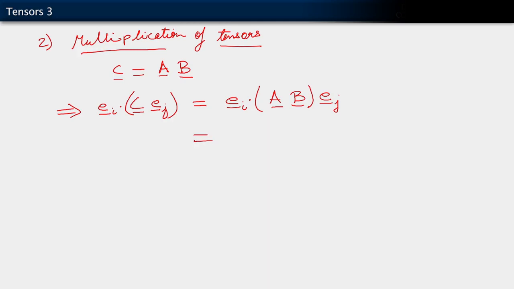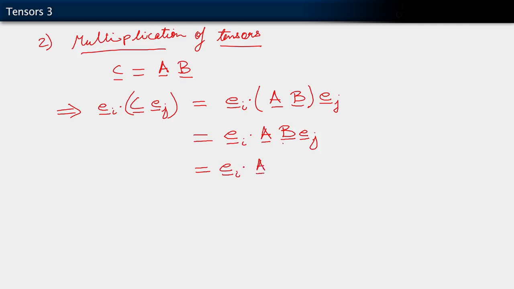To proceed from here, we can now write the right-hand side as EI dotted with A acting on B EJ.